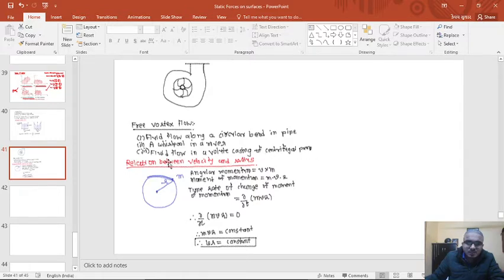The next is relation between velocity and radius. So here the relation between velocity and radius for a free vortex flow is v into r is equal to constant. Now let's move forward with our next theory.